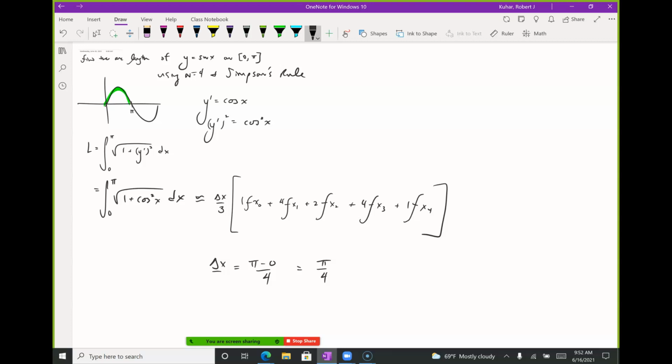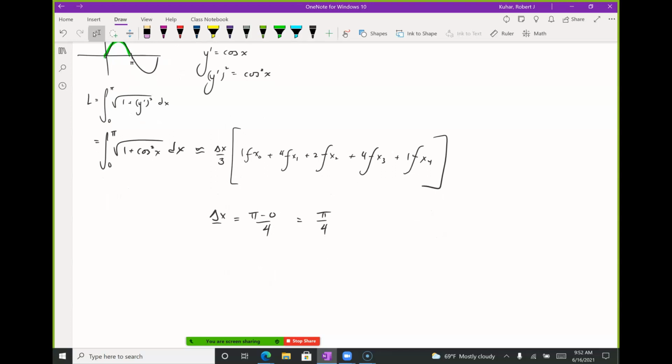So it looks like I can go right into my piece now. So I'm going to get the arc length is approximately pi over 4 divided by 3. And then I'm getting square root of 1 plus cos of 0 pi over 4, squared, right? Cos squared of that. Plus 4 times the square root of 1 plus cos squared of pi over 4.